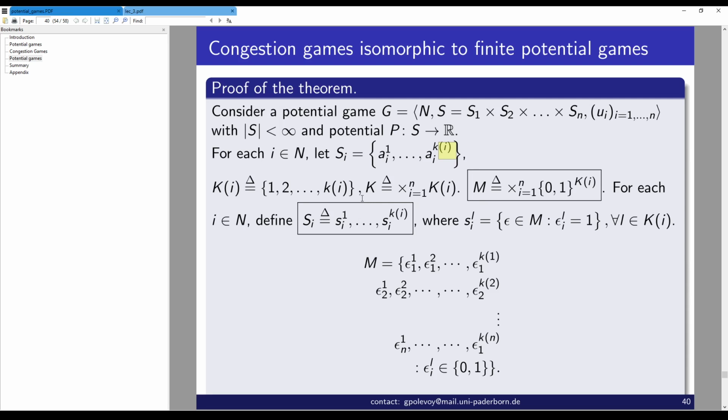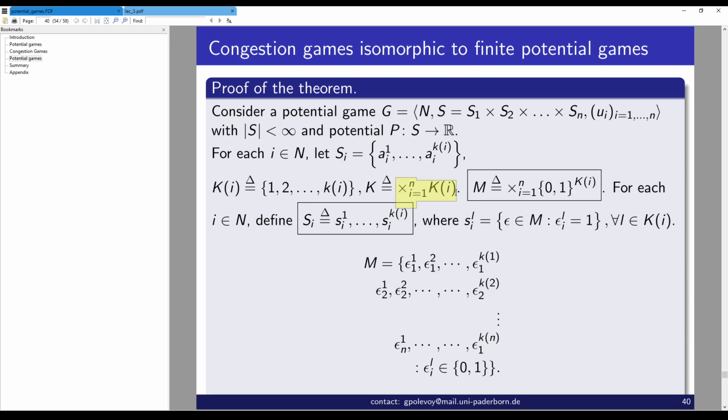Yes. And capital K of i is the set of all the numbers from 1 to small k of i. And K is simply the Cartesian product. So we simply denote all the strategies by numbers, 1 to k of i. These are numbers, and the set of these numbers is capital K of i.